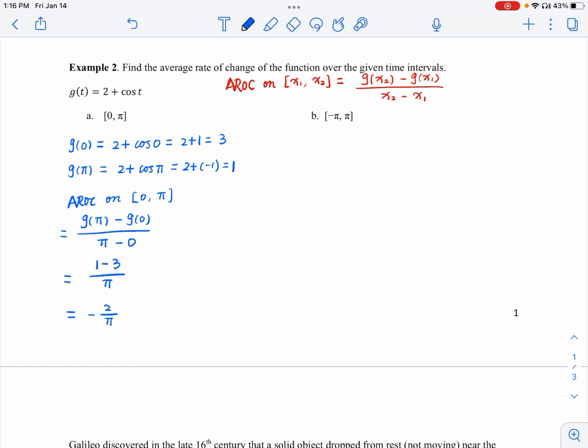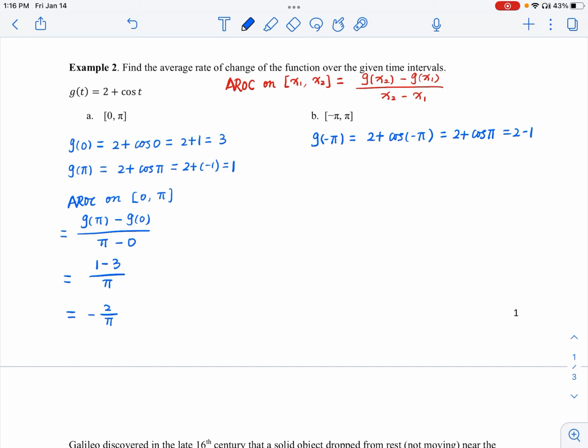For part B, we have the interval -pi to pi. First, we calculate the value of the function at -pi. That would be 2 plus cosine(-pi). Cosine is an even function, so we can take away the negative sign. That gives us cosine pi.